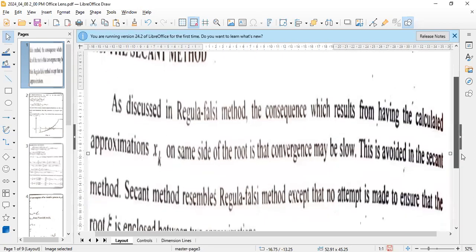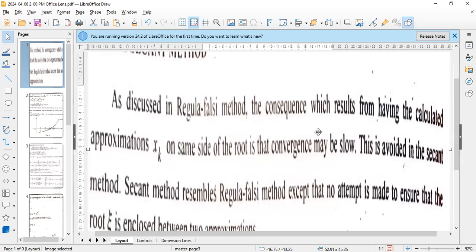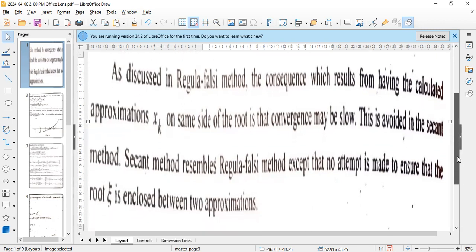As discussed in the regular falsi method, the consequence which results from having the calculated approximation xk on the same side of the root is that convergence may be slow. This is avoided in the secant method. The secant method resembles the regular falsi method, except that no attempt is made to ensure that the root epsilon is enclosed between two approximations.